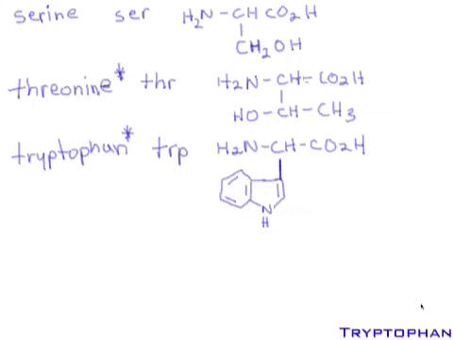Okay, so this is the molecule tryptophan, which is an essential amino acid, and I did forget something, sorry. There is a CH2 between the ring structure and the amino acid end. There we go.